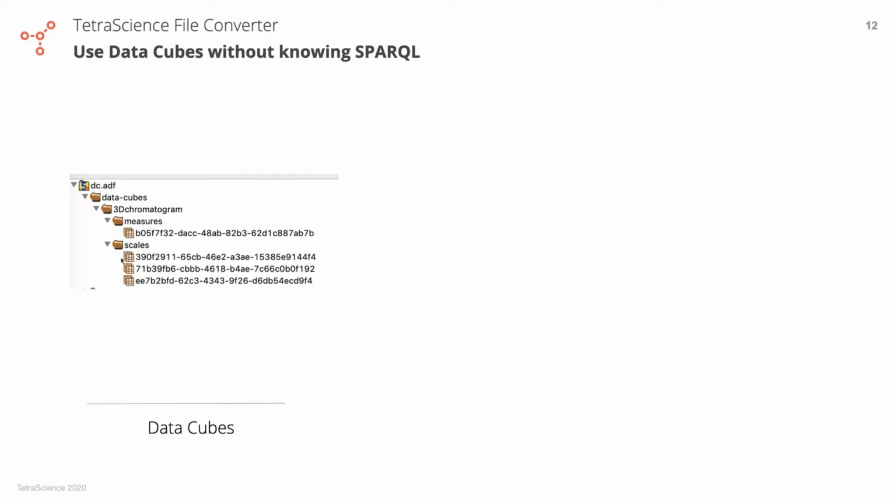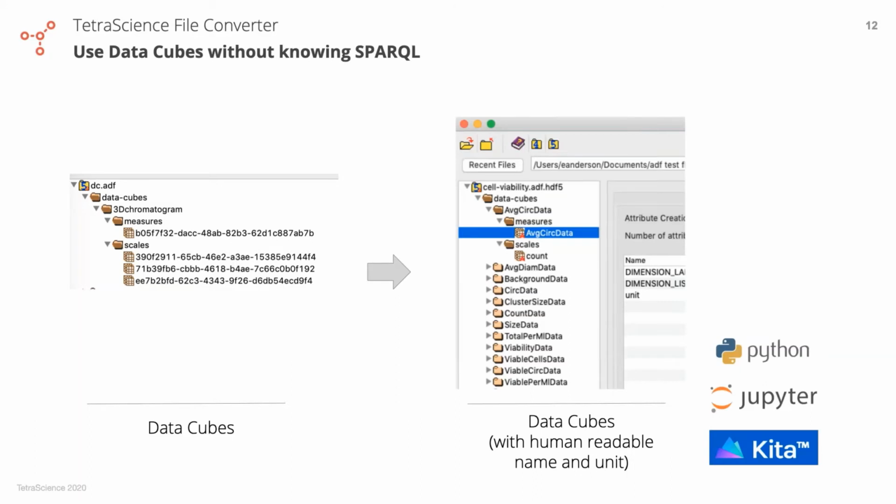And in order to get the data out of RDF, you need SPARQL, which, as I mentioned, based on our observation, is not the skill set that data scientists and scientists have. And it's not a skill set that is on the top of the list of things they want to learn or have time for. So our approach is to make sure that there are human readable names on the data cubes.